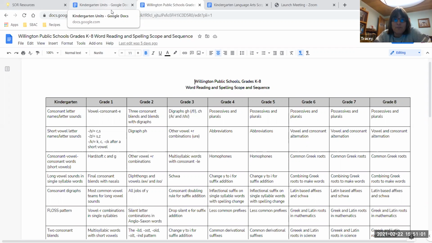So I appreciate all the effort that it took to make it look like this, and I really like the lessons because I think that would be very helpful for a teacher, new or veteran, to be able to go in and say, this is what I need to do.